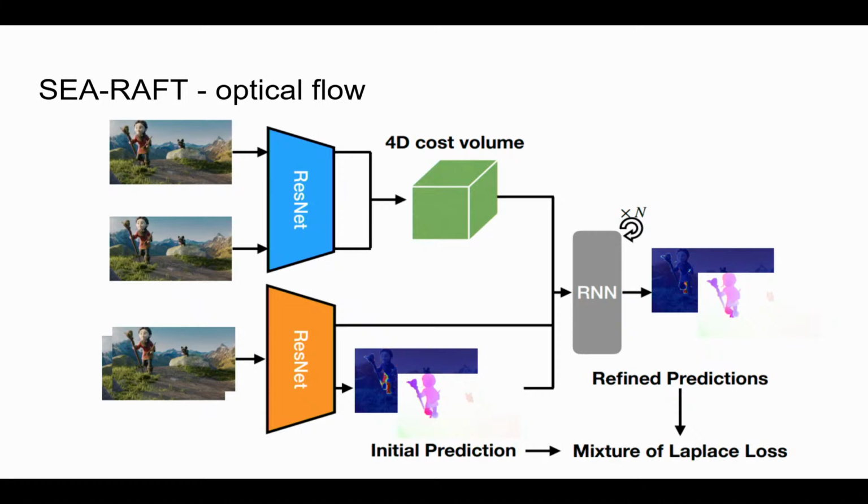I'm showing this mainly because this is an example of a network which is built specifically for the task. The idea here is that I don't care what is there, but I just care how similar this part of the input is to all the other parts, because that's important for the task I'm trying to solve.